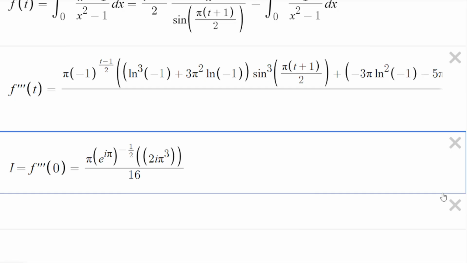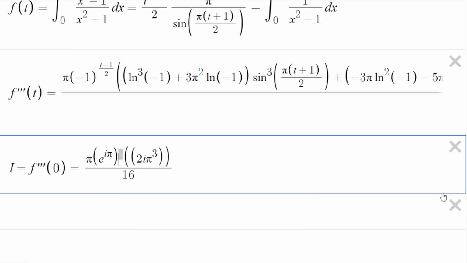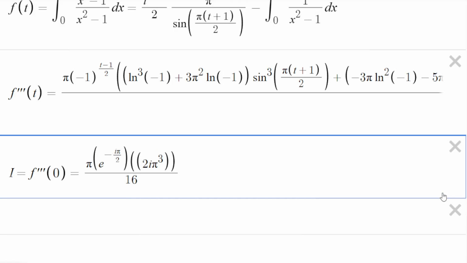Okay. e to the i pi. Let's see. Let's distribute this inside. So we're just going to get an e to the negative i pi over 2. Okay.